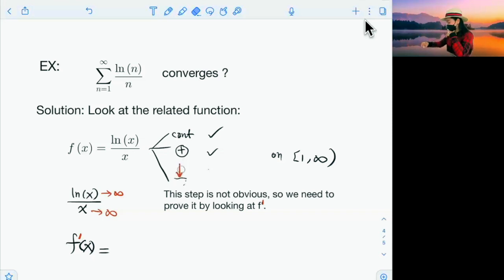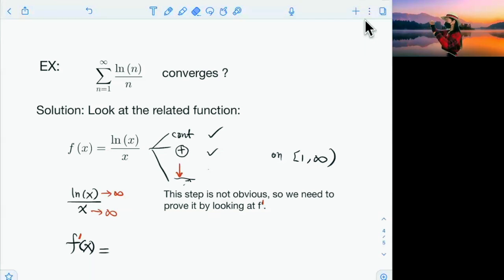Decreasing. Is it clear that it's decreasing? Not clear, because what happens to the numerator when x goes to infinity? The denominator also goes to infinity.